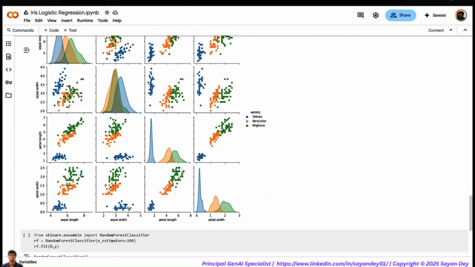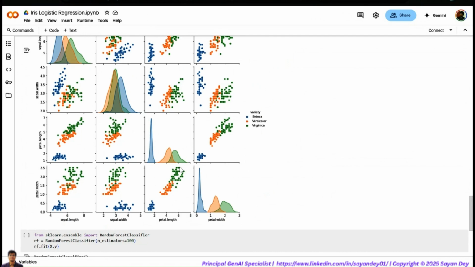You can see, especially with respect to the petal length and petal width columns, that the classes are very well separated. The varieties of flowers are very well separated.